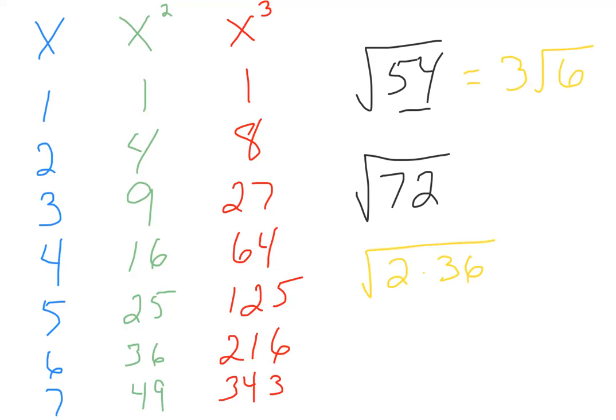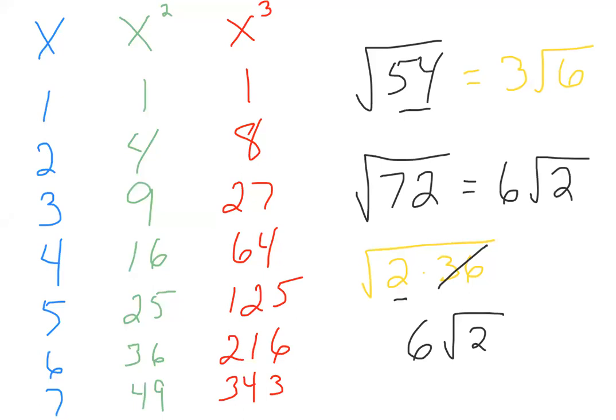That I can clean up. Can I take the square root of 2? No, so it stays behind. Can I take care of the square root of 36? The answer is yes. The square root of 36 is 6. So radical 72 in its exact form is 6 radical 2. Hopefully this helps. This is simplifying radicals.